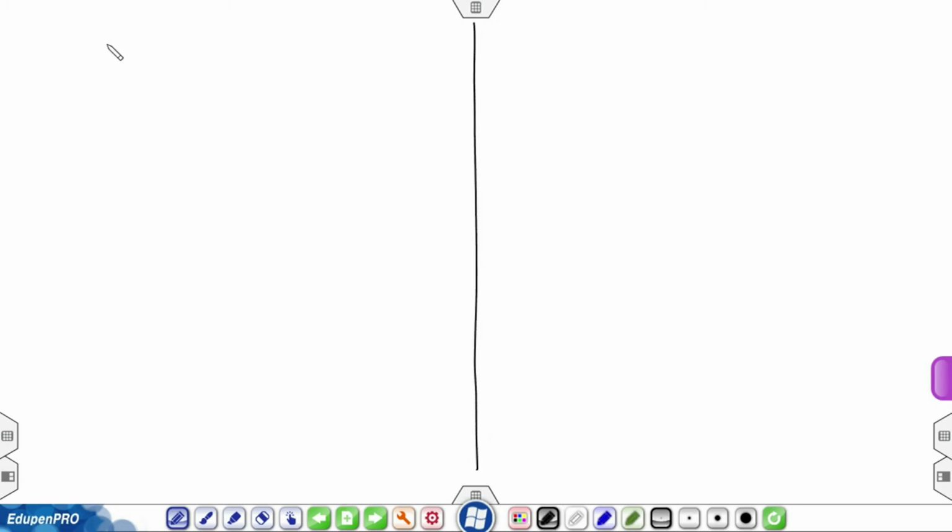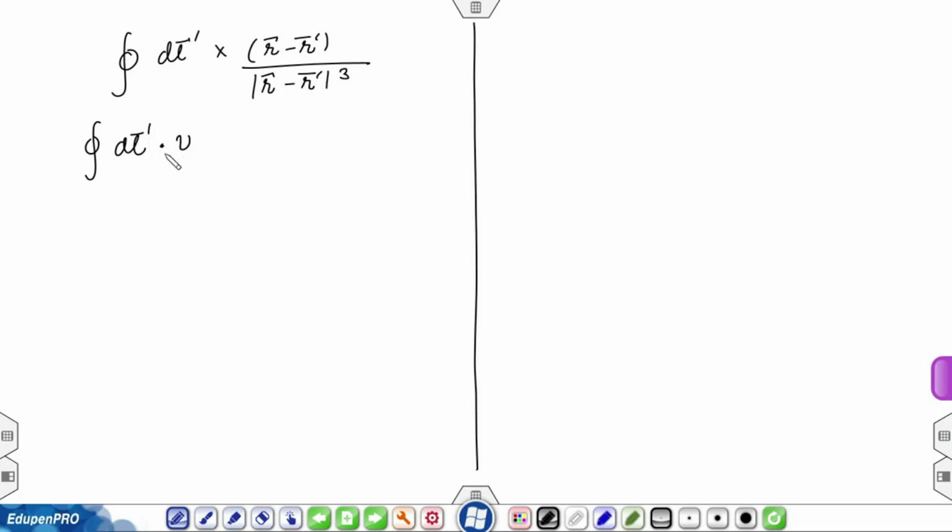So, after this, the integral, integration d l prime cross r minus r prime over r minus r prime cubed, using this theorem, d l prime dot V of r prime is equal to integration curl of V of r prime dot d s prime.